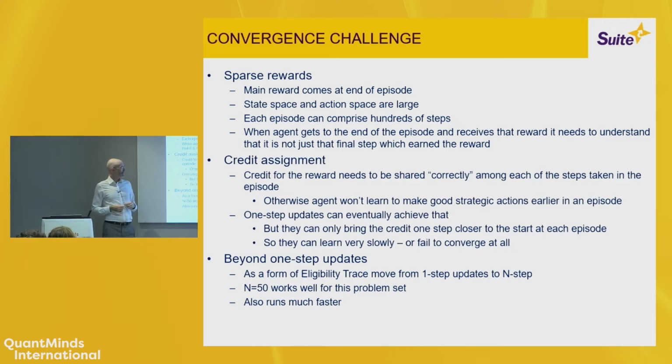Now, in fact, one-step updates can eventually achieve that, but they only bring the knowledge of the reward slowly nearer to the start of the episode. And so it can take a long time to learn, or it can simply fail to converge at all. So beyond one-step updates, what can we do? Well, as a type of eligibility trace, we can move from one step to n steps.